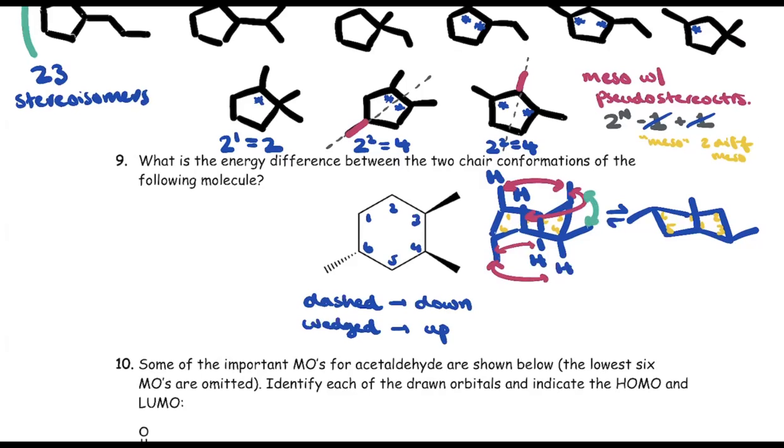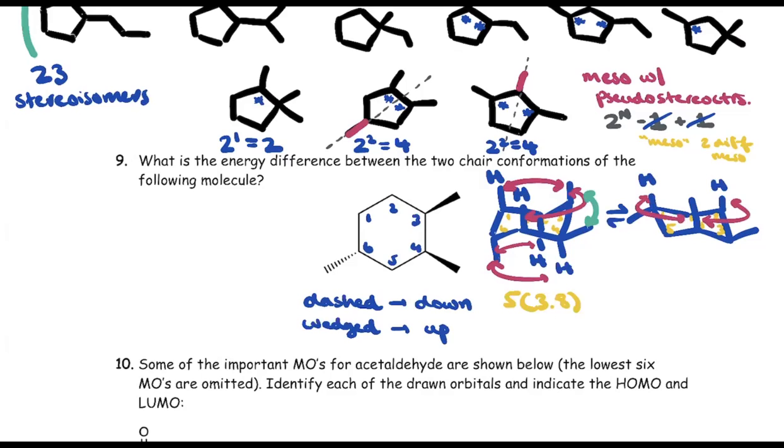So that means that you're going to have a total of 5 times 3.8. I'm not going to calculate it, whatever that is, that's going to be your energy for that chair. And then for the other one, we have, once again, 2 1,3 diaxials over here. So we have boom and boom. And in addition, you're also going to have a gauche.